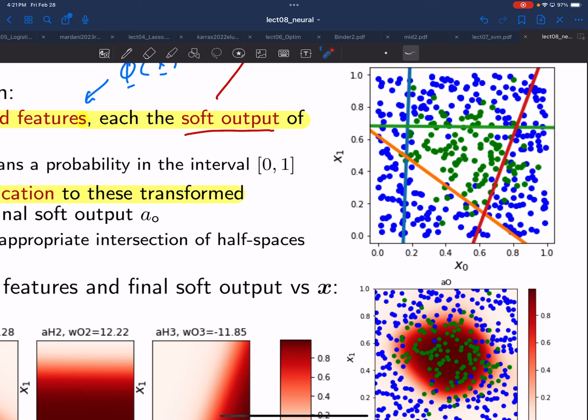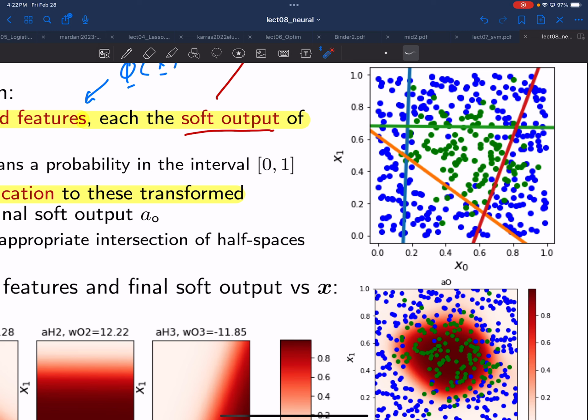Any guesses? We have to have an enclosed. Exactly. We are basically trying to enclose this. So if we had only 2 boundaries, there'd be no way that we could distinguish between any of the samples here, green versus blue, right? So we need at least how many? 3. At least 3 for this to work.